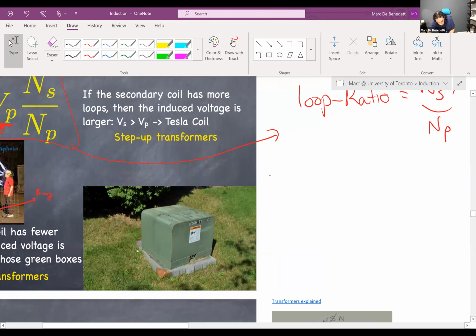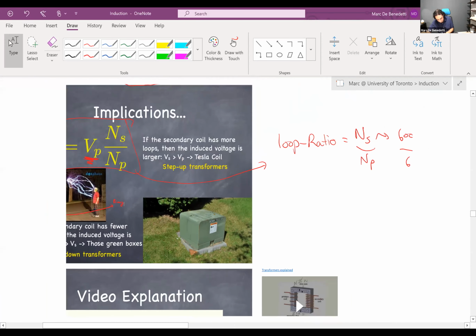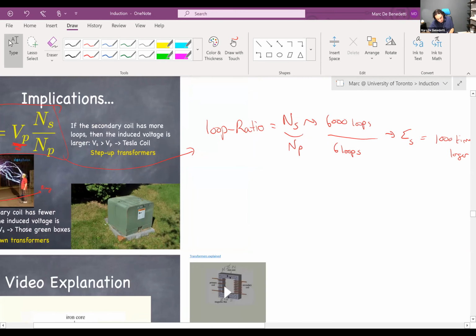If you want to solve for the secondary, like we've done here, if the primary equals, I don't know, a few thousand turns, and the secondary equals 10 or fewer or something like that, then the loop ratio is actually far less than 1.